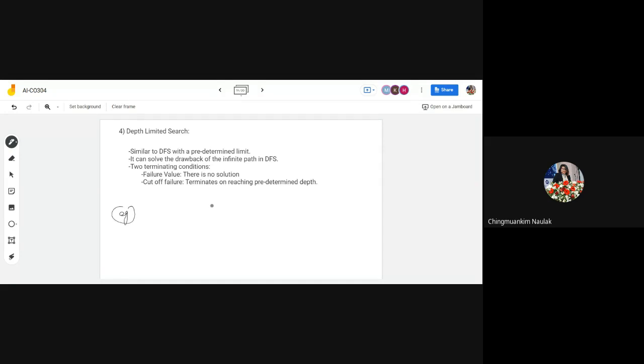I suppose you are given these nodes: C, D, E, and F, and G, I, J, H. This level is level 0, this level is level 1, this is level 2, and this is level 3.